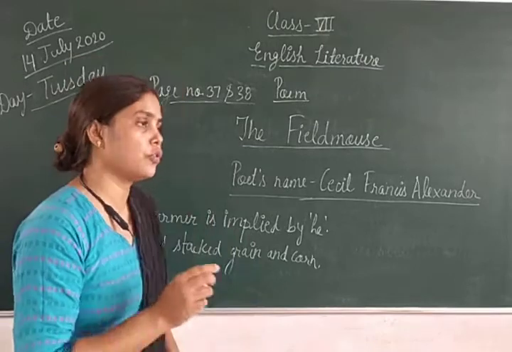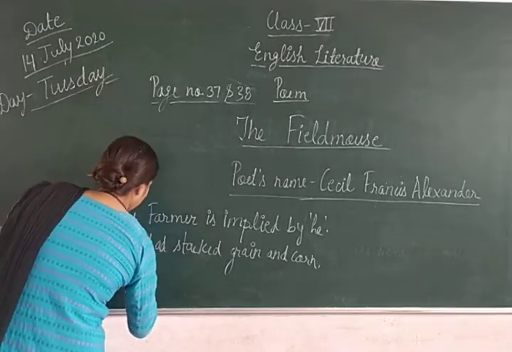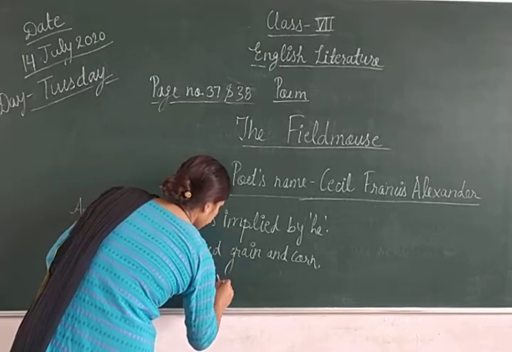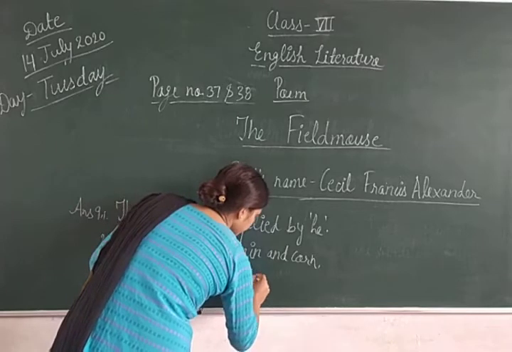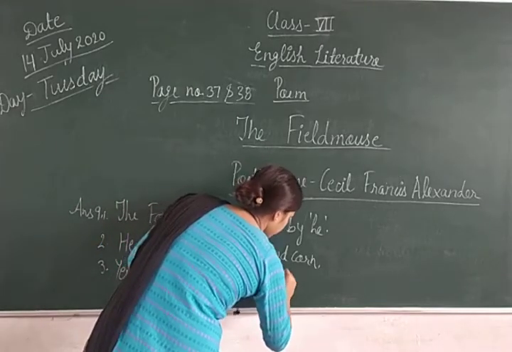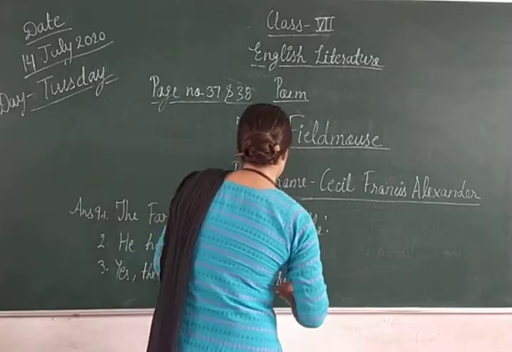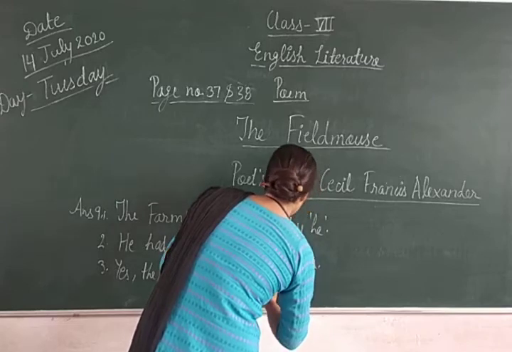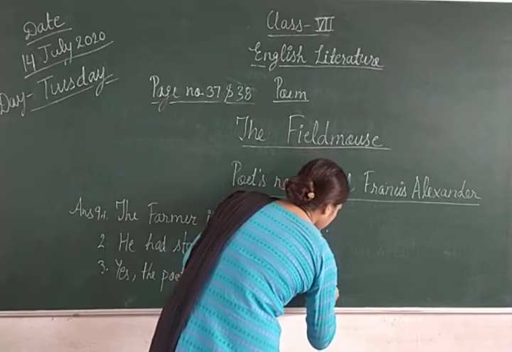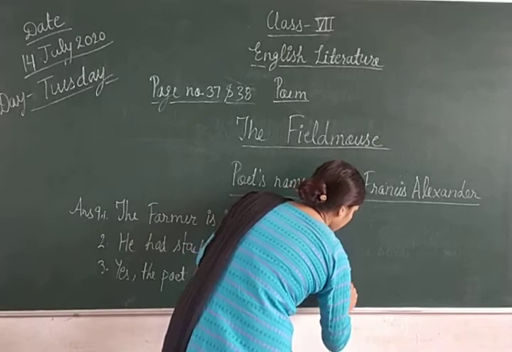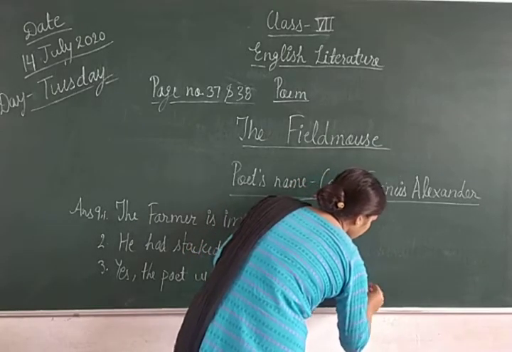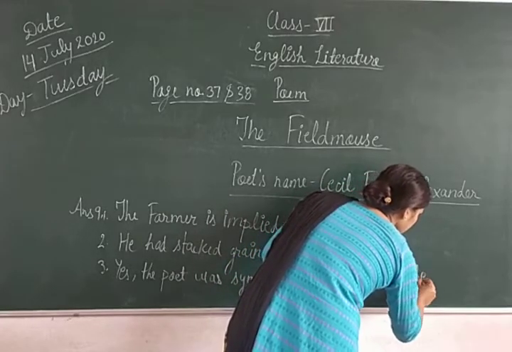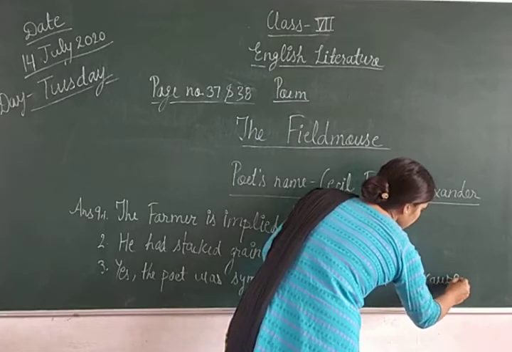So first of all, we will write yes, the poet sympathized with the farmer. Now what you are going to write is because, क्यों है वो उससे sympathize?